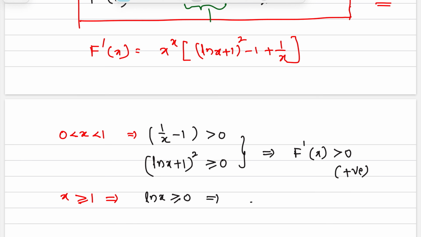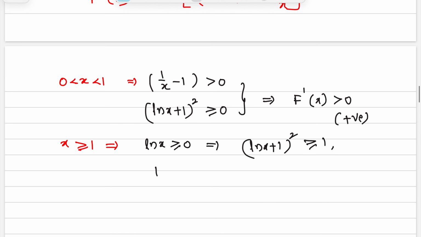That implies ln x plus 1 whole square will be always greater than or equal to 1. Because x is greater than or equal to 1, 1 by x will be always positive.